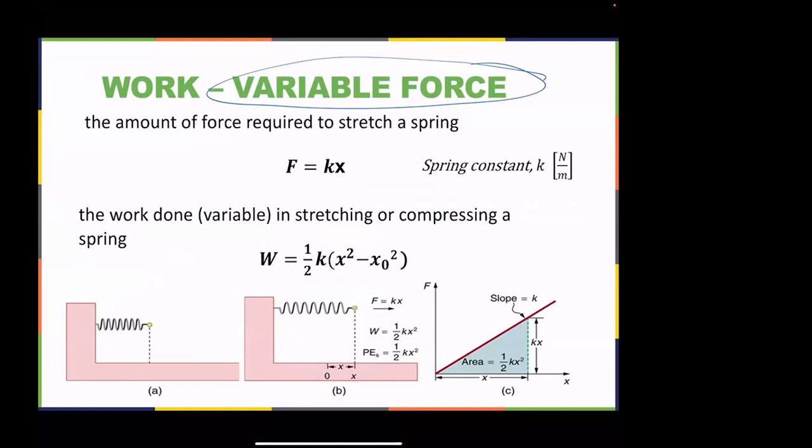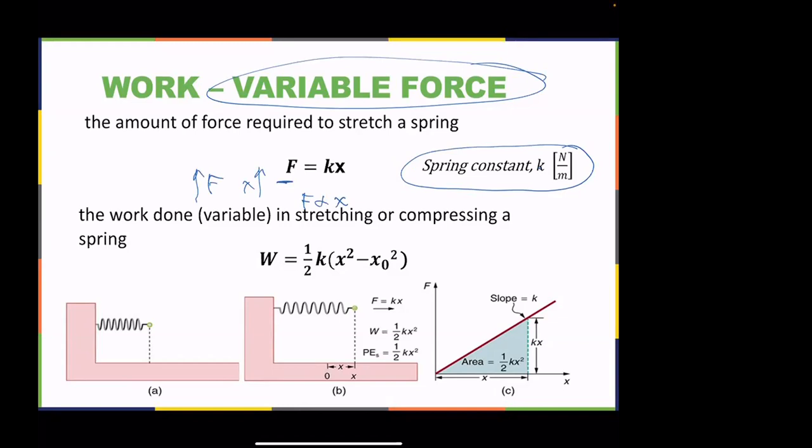They have something called a spring constant or an elastic constant. This is k. The units for k are newtons per meter. This spring constant causes the force to increase. The force is directly proportional to x. As x, the distance, goes up, the force goes up.